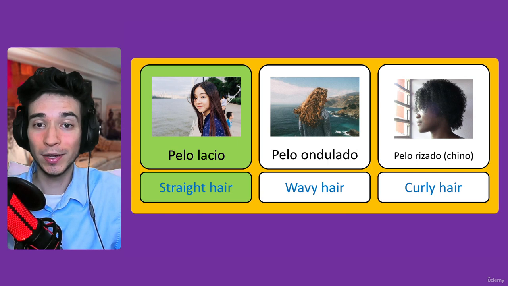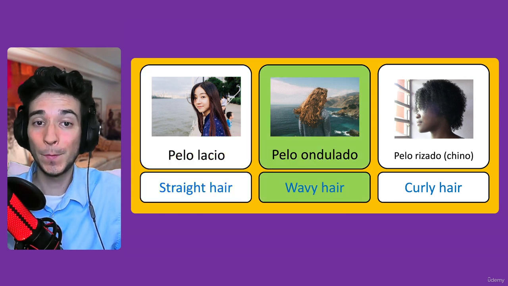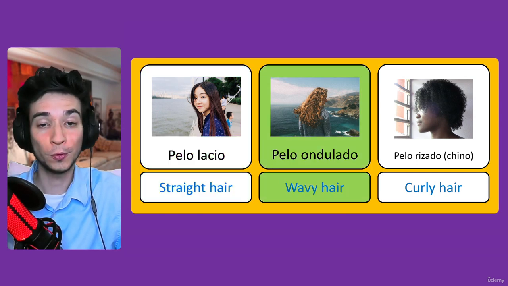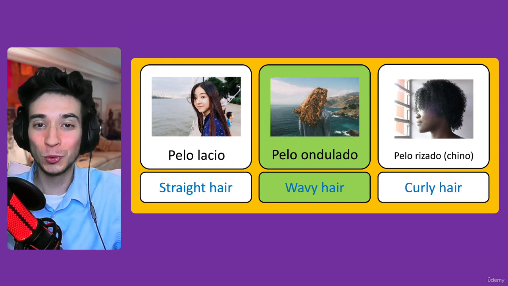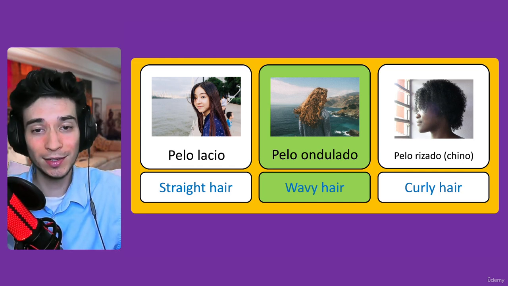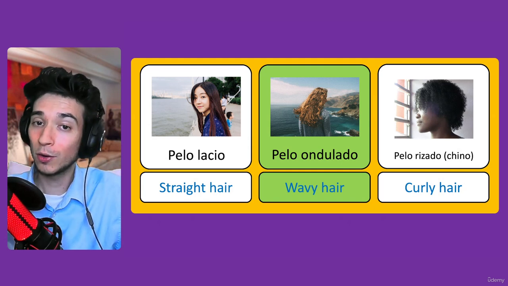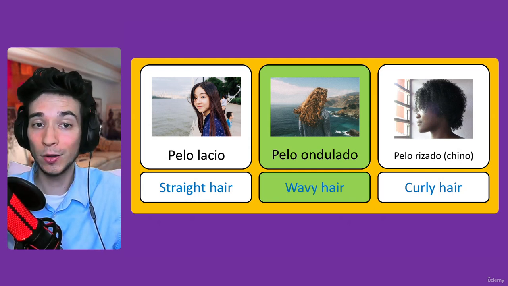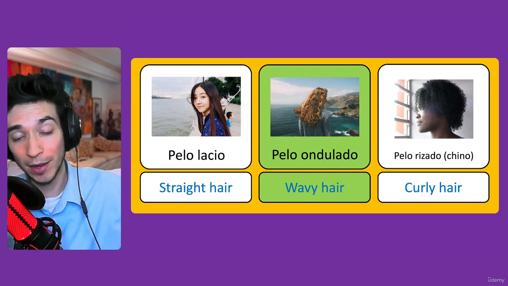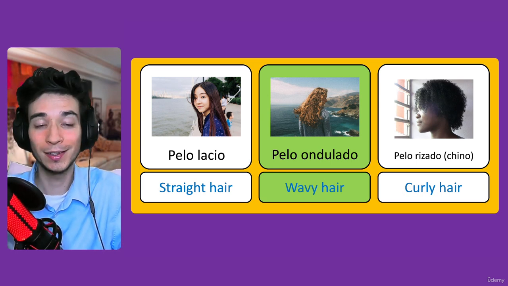And the next one is pelo ondulado. And this is a hard word, it's a long word. Ondulado means wavy, so basically like wavy hair. Pelo ondulado or cabello ondulado, both are okay.